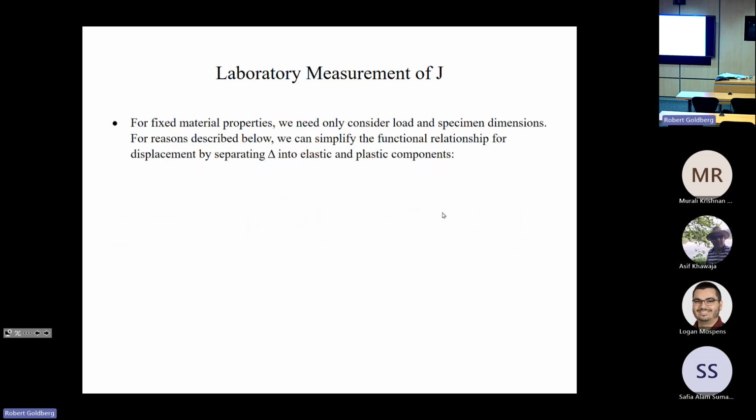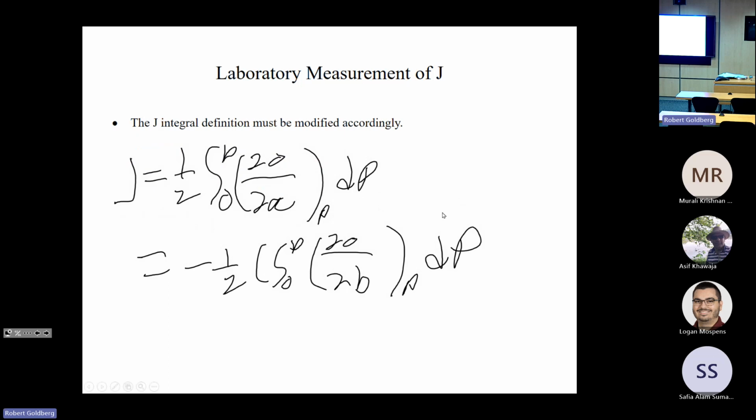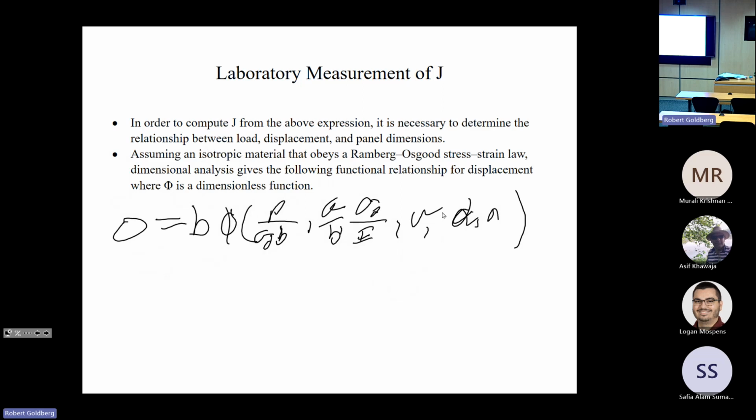So we can say that our delta is equal to the delta due to elastic analysis plus our delta due to plastic analysis. And we take this expression and we substitute it into these expressions.